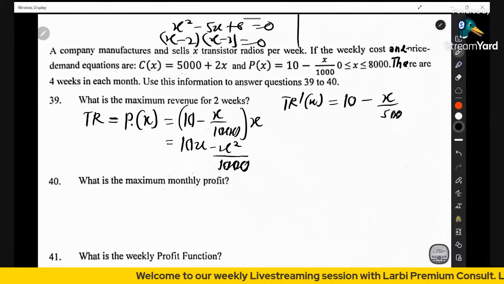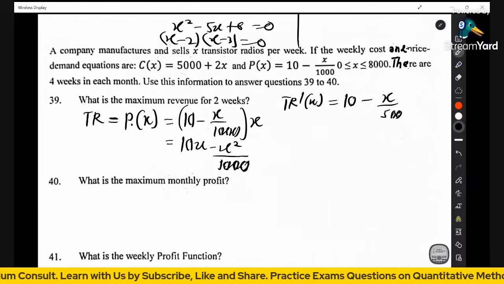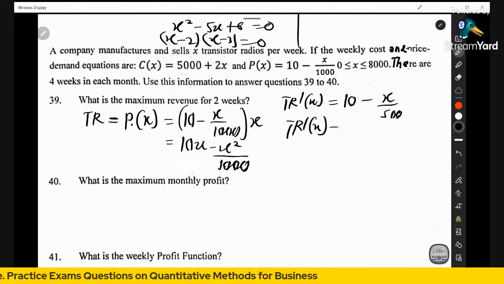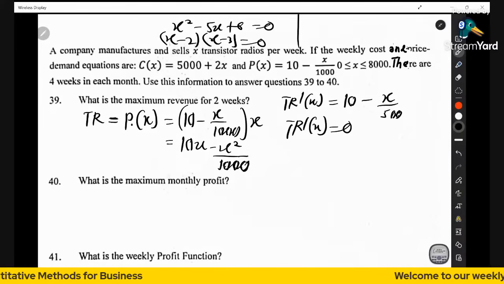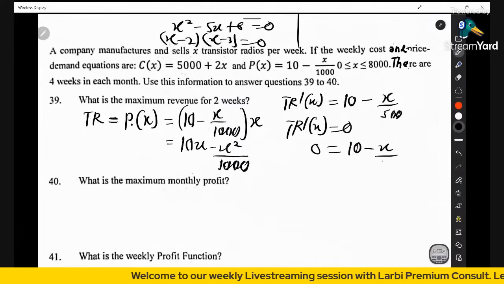Once we get this, at the first differential, the derivative should always be equal to 0. So since TR prime of x is equal to 0, we can find the value of x. We say that 0 equals 10 minus x over 500.